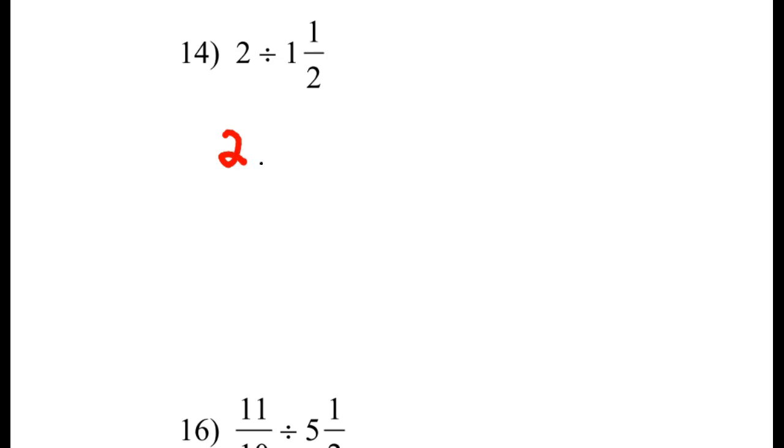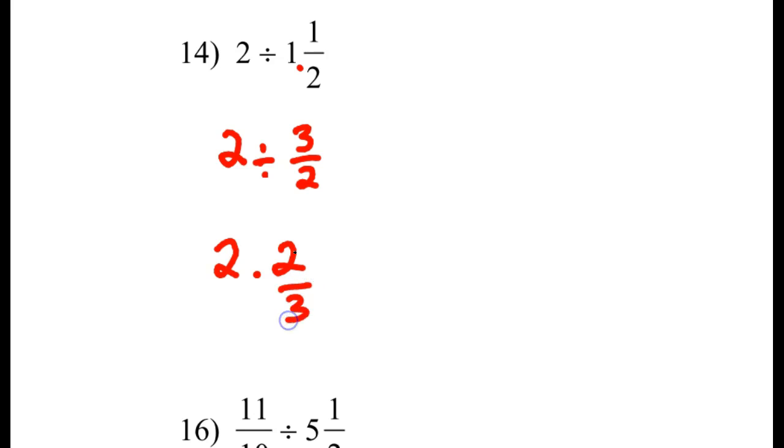So 14, look at 14, we'll have 2 divided by 2 times 1 plus 1 is 3 over 2. And now flip the second fraction. 2 times 2 over 3.